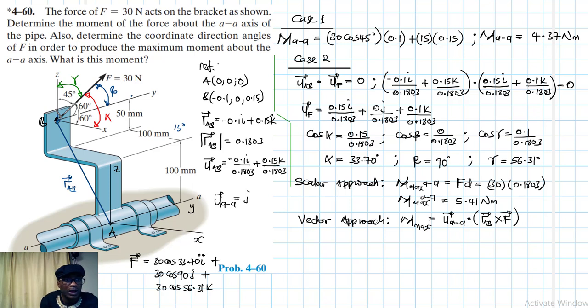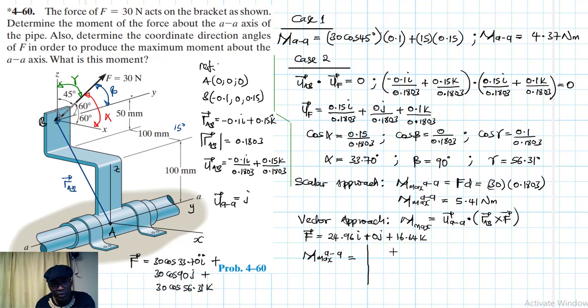Working it out, 30 cos 33.70 gives us 24.96 i, plus 0 j, of course, plus 30 cos 56.31, which is 16.64 k.